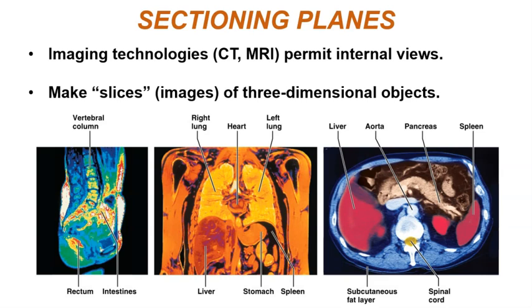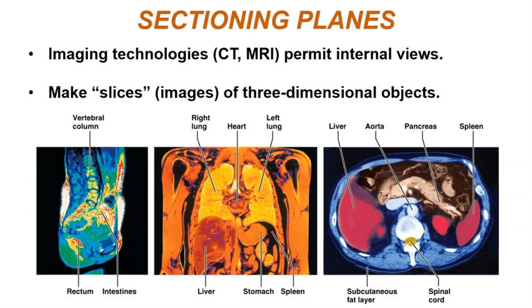For anatomical studies, the body is often cut, which is also called sectioned, along a flat surface called a plane. Imaging technologies such as CT or MRI allow us to look internally without cutting. These technologies take images of the body along these flat surfaces or planes.